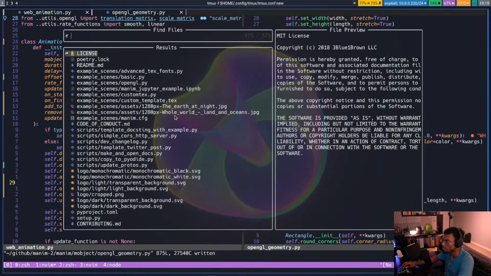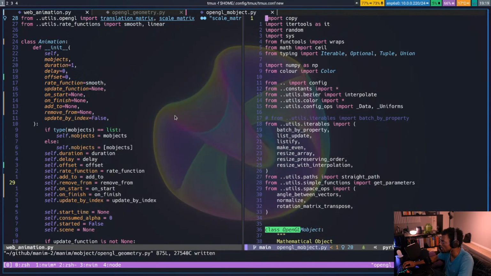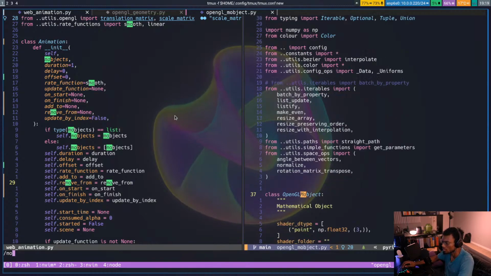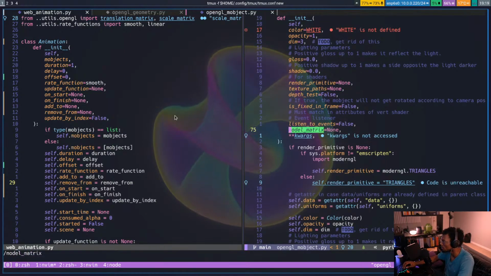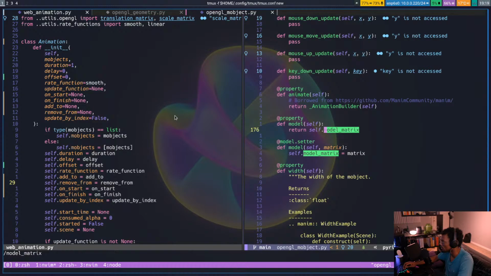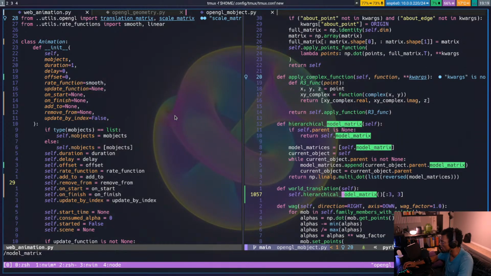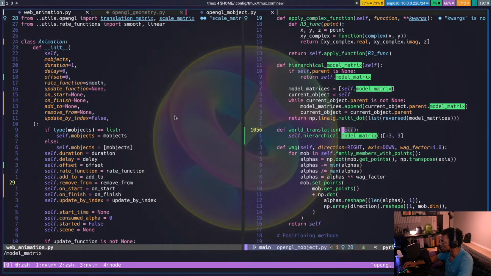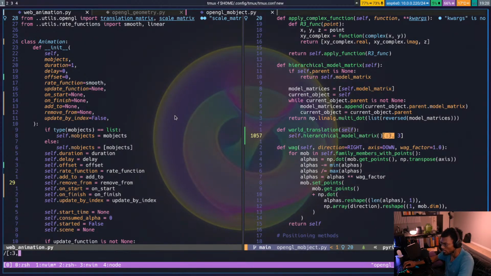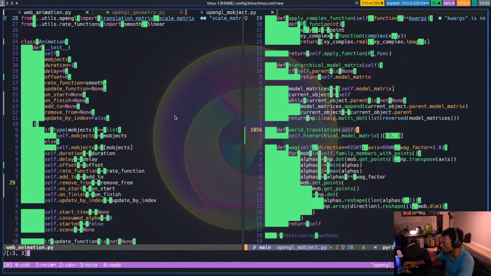This would be something from OpenGL mobject, if it exists at all. There's the world translation. But not just the local translation.